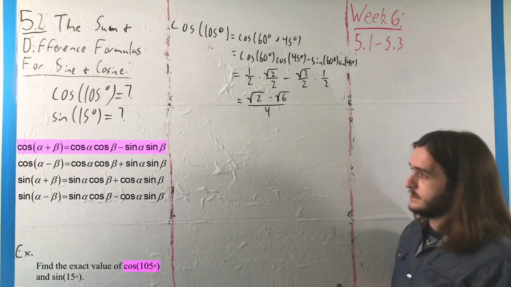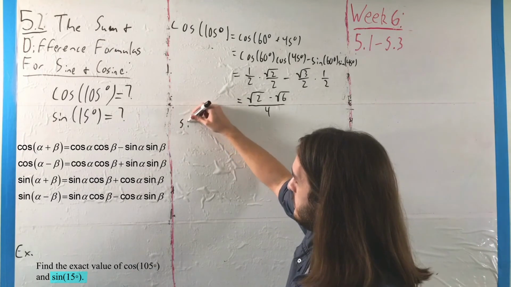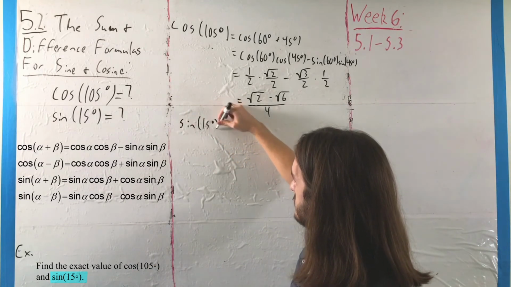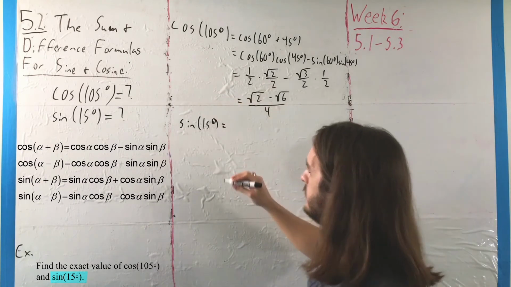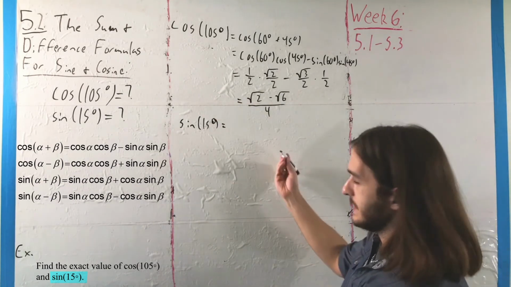Meanwhile, for the second case, for sine of 15 degrees, we want to think about this in terms of 45 and 30, because those are nice angles for sine.